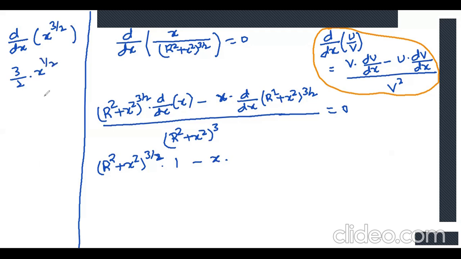Similarly, 3 by 2 into, instead of x, we are having r square plus x square, whole power half. So again, we need to differentiate d by dx of r square plus x square, is equal to 0.